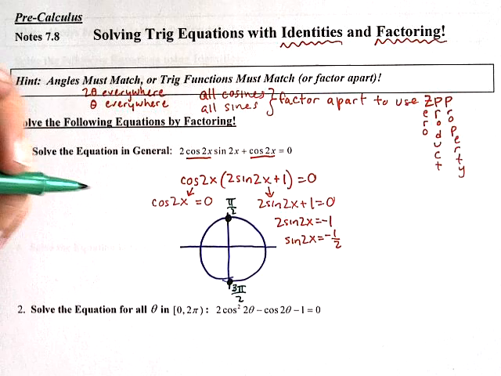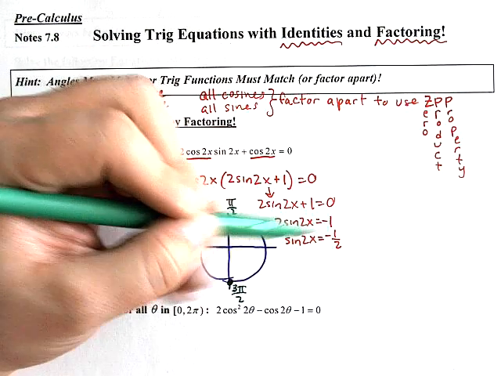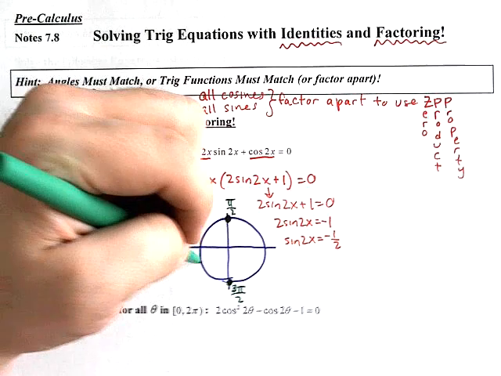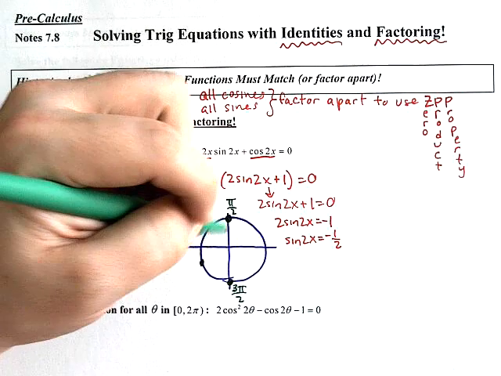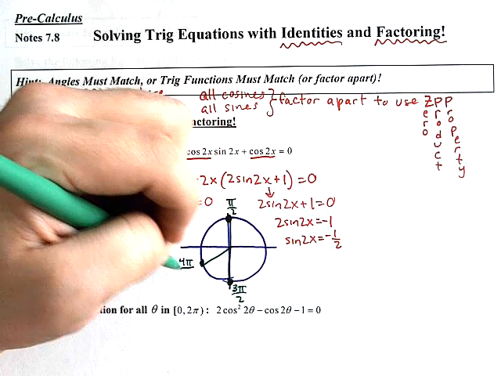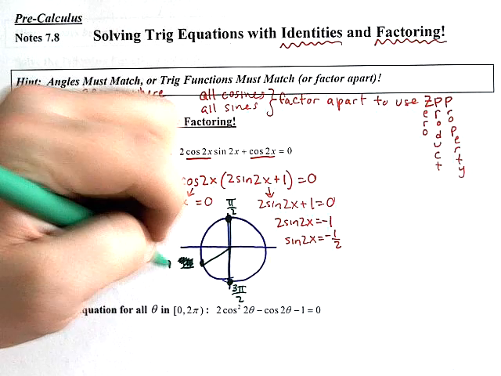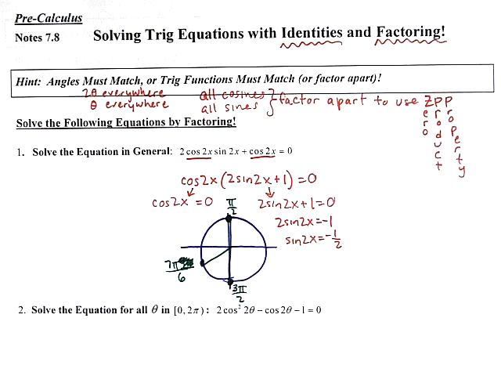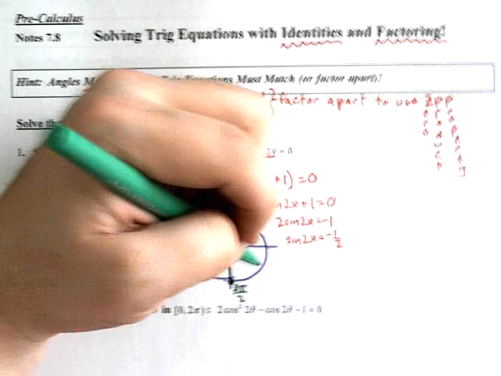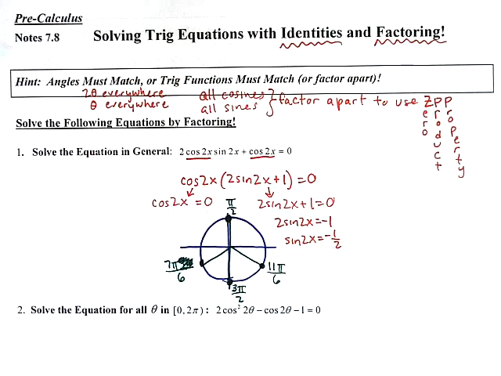I also know that sine has to be -1/2. Well, that's here at, what is this, 4 pi over, oh no, what am I saying? Sorry about that, guys. 7 pi over 6, or over here at 11 pi over 6.